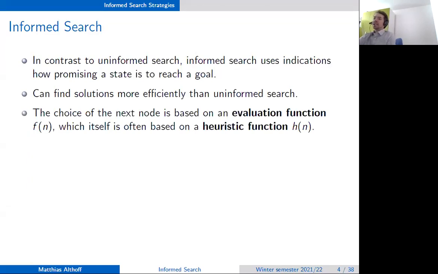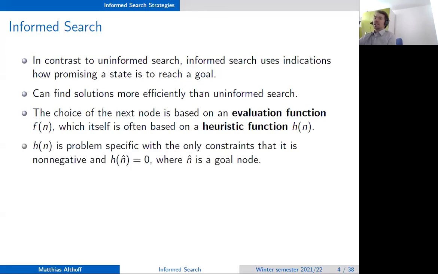The difference now is that the choice of the next node is based on something called the evaluation function f(n), which itself is based on a heuristic function h(n). And this heuristic function is something we'll have to design today. h(n) is problem specific, so it depends on the problem at hand. This is also something you should design carefully for the programming exercise when you design the motion planner for the autonomous car. The only constraint you have is that the heuristic should be non-negative, and in the goal state, the heuristic has to be 0. That's the only constraint.